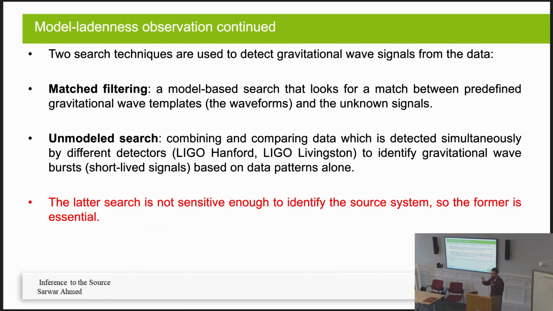You have two detectors and you search for simultaneous patterns in the data. That's why it's called unmodeled. But what is important here is that the second one, the unmodeled one, is not enough. You need the first one, the modeled one, and it's essential. The second one is not sensitive enough to infer the source.